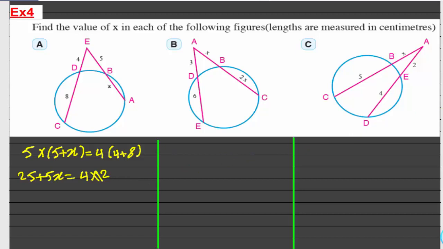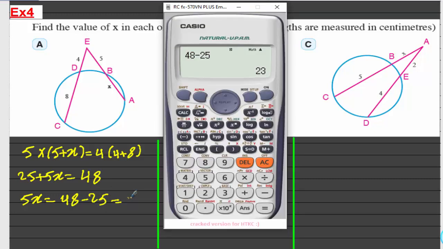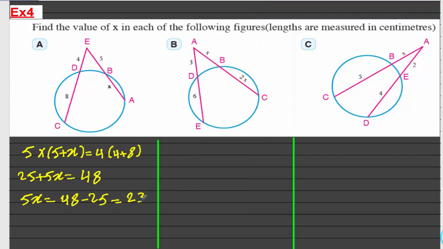So 4 multiply 12 equals 48. So the right hand side, 4 multiply 12, is 48. So 5x equals 48 minus 25, which equals 23.